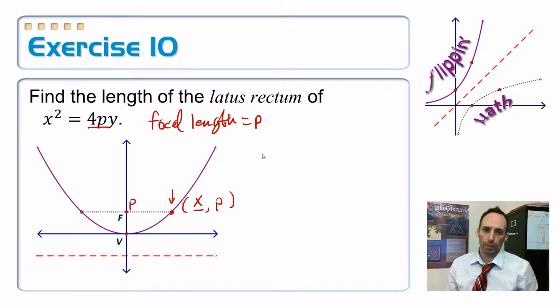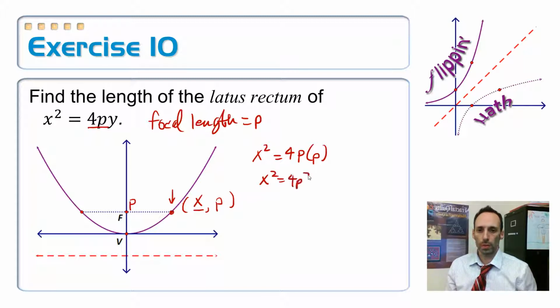So let's put this into the equation. x goes in for x, so it's still x squared is equal to 4p times my y-coordinate. We're trying to find the x-coordinate here. My y-coordinate is p, so this simplifies to x squared is equal to 4p squared. And I take the square root, so it's equal to plus or minus 2p.